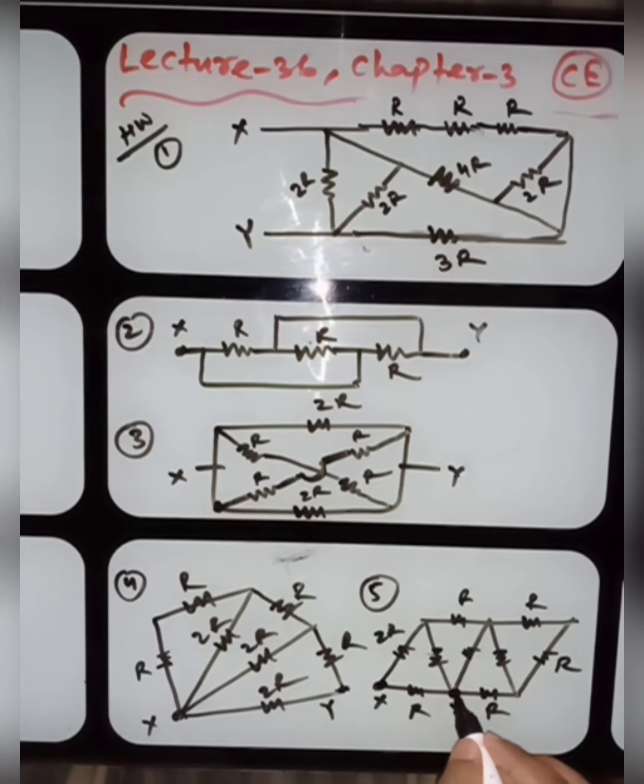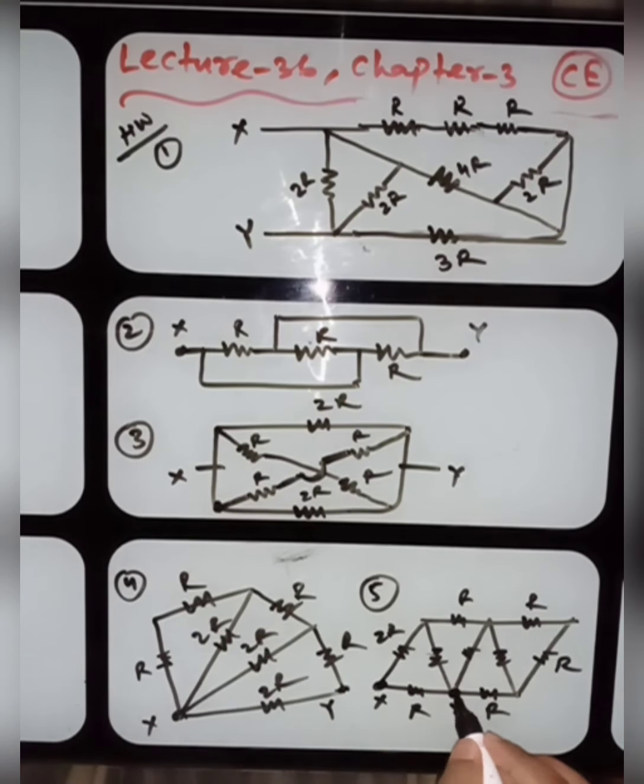Now students, one example I am discussing: if this is a conductor of length L and resistance R, and I fold this conductor to make a circle like this one, what will be the resistance between two points which are diametrically opposite?